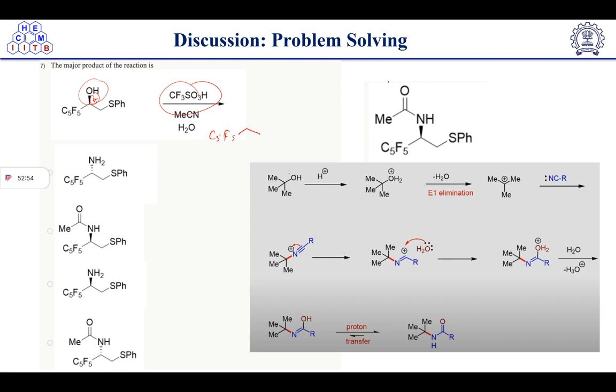The carbocation will be trapped by the acetonitrile group. So I will write here C, ethyl. Correct? This way.